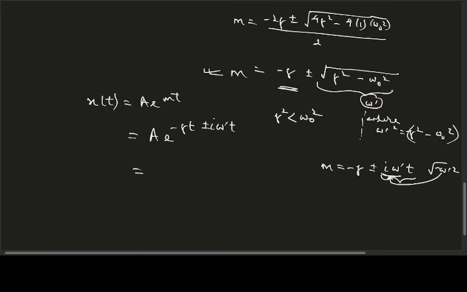So when you have this sort of a solution, you know what to do. Take a different constant. Let's say again, let's take a b over here, shall we? Say a b, and you have the exponential decreasing factor e to the minus gamma t, and you have again the linear superposition, c e to the power i omega prime t plus d e to the power minus i omega prime t.